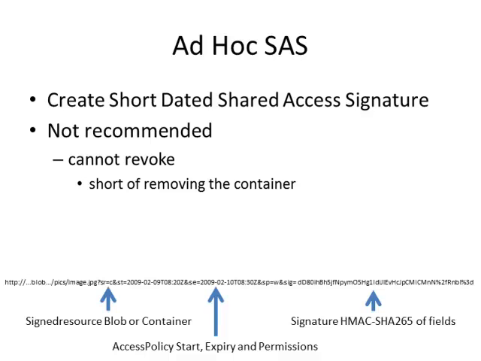So your start date, your end date, and your permissions are all actually in the URL. The only way to revoke one of these is to get rid of the whole container where all of the blobs could be, which is a bit brute force. Not recommended, but just covered for completeness.